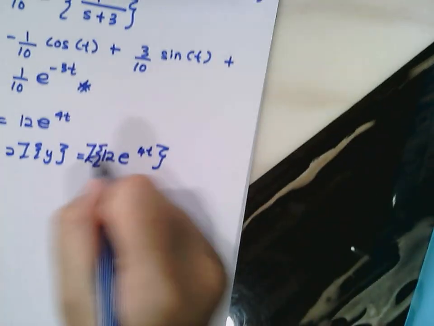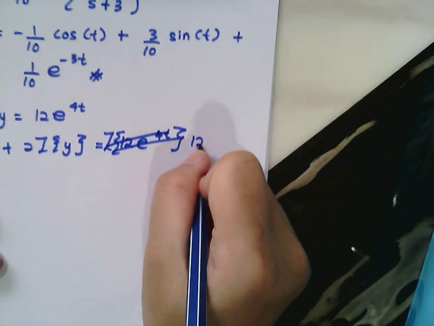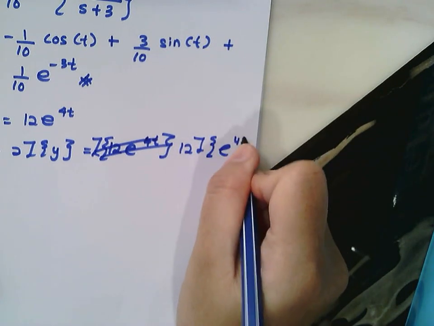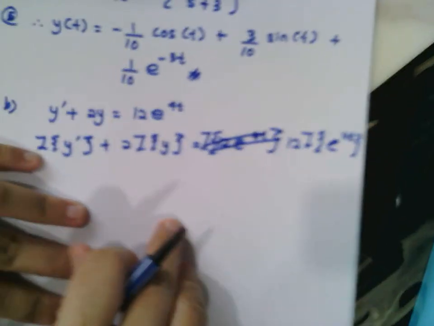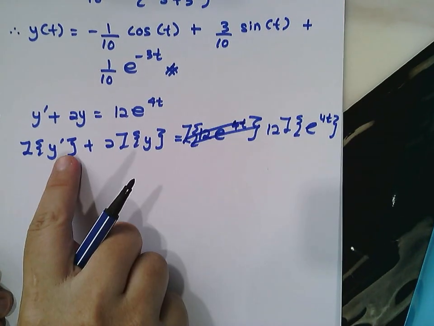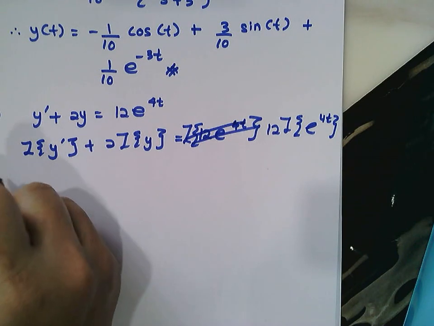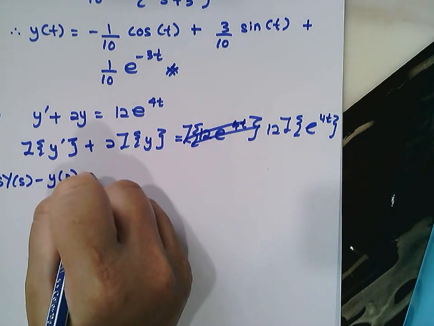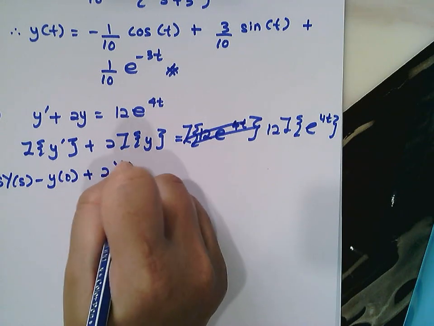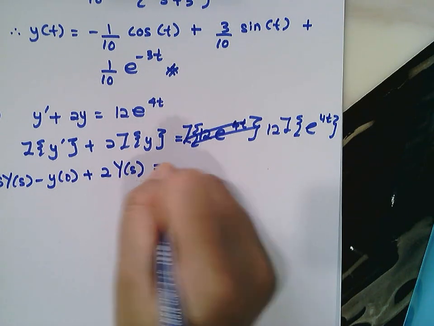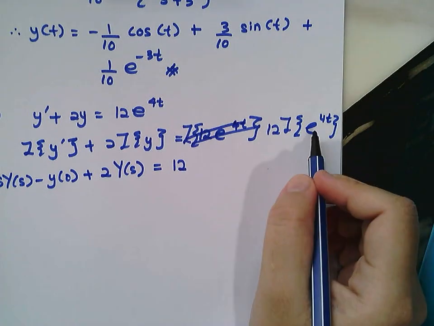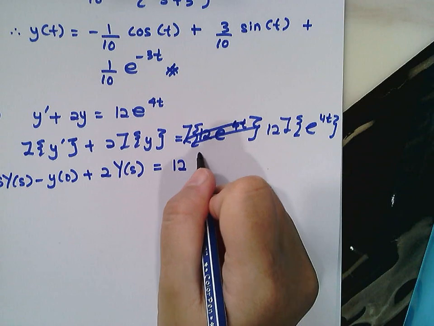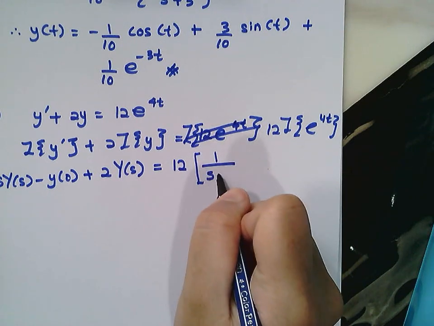So you will have 12 Laplace of e to the power of 4t. Laplace of y prime will give you sY(s) minus y(0), plus 2Y(s) is equal to 12. Laplace of e to the power of 4t will give you 1 over s minus 4.